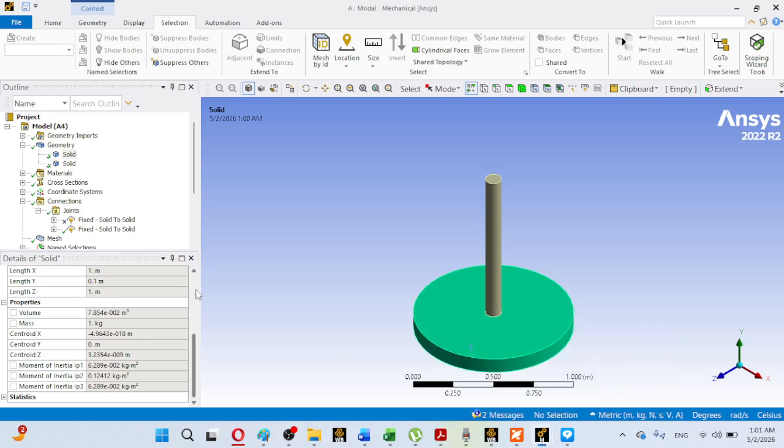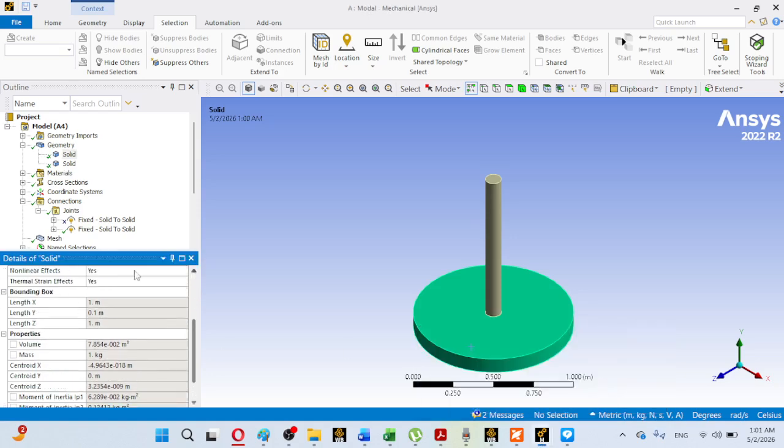Observe here its bounding box. If you carefully note the dimensions, length x is 1 meter, that means in the x direction this diameter is 1 meter also, and its length y means in the y direction.